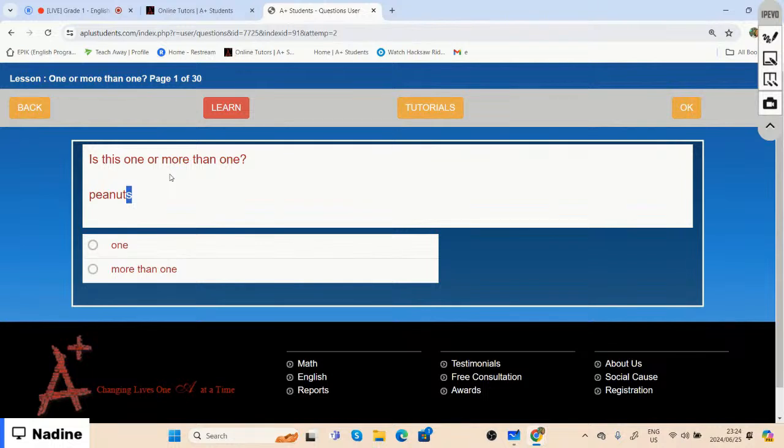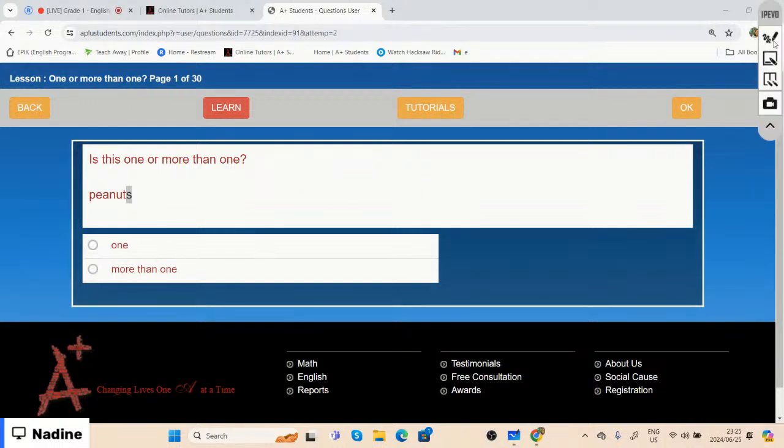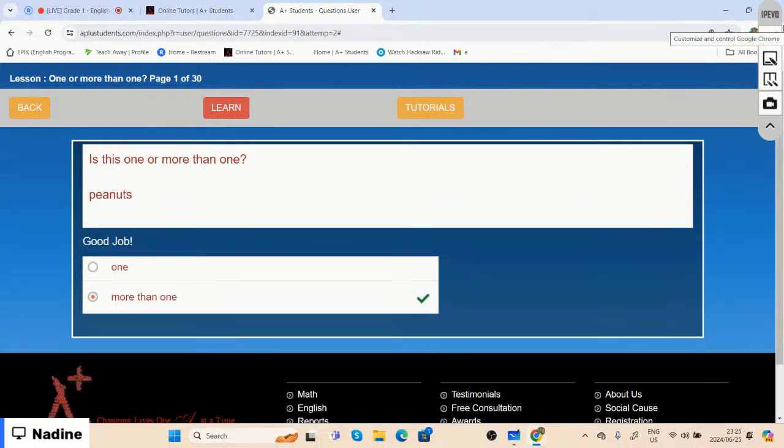So if we only said, for example, peanut, then it refers to it being one. But as soon as we add the S like this, then it is more than one. So we can say peanuts is more than one.